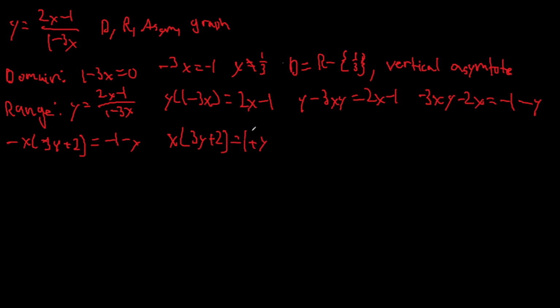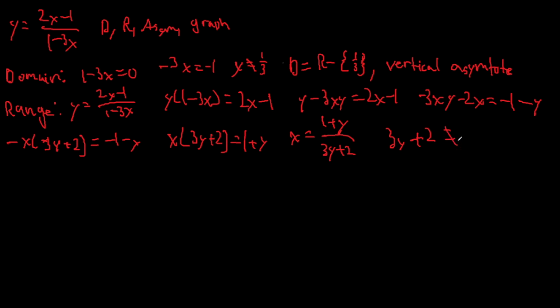Now we want to get x equal to something. And I think it's pretty clear what you should do here. You just divide by 3y plus 2 on both sides. So you're going to have x equals (1 plus y) over (3y plus 2). And just like how we found the domain before, we're going to find what 3y plus 2 can't equal.